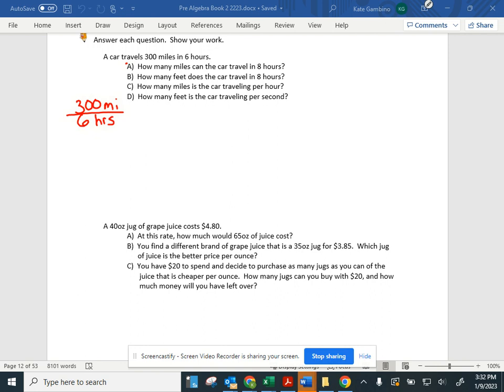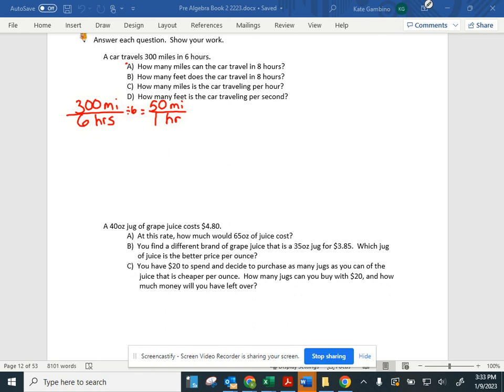Well, it's not easy to go from 6 hours to 8 hours. So I'm going to bring it down to the unit rate. How many miles can it go in 1 hour? So to go down to that unit rate, we're going to divide by that 6. 300 divided by 6 is 50 miles. 6 hours divided by 6 is 1 hour.